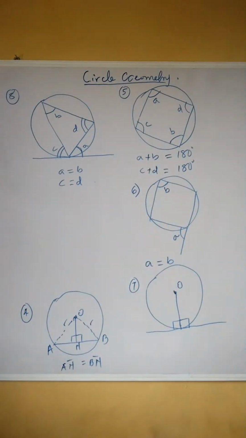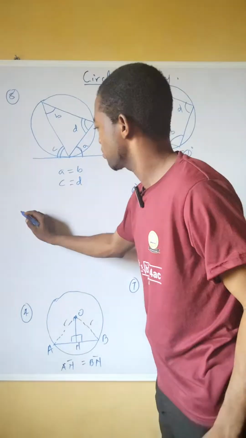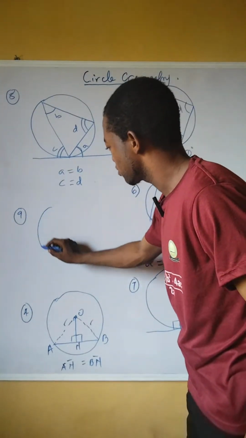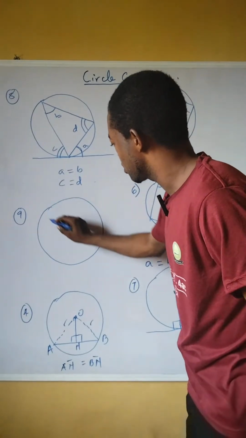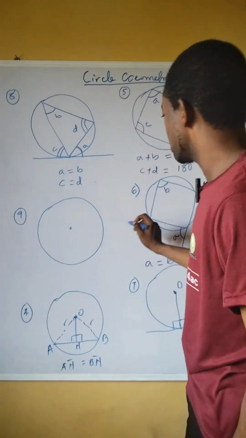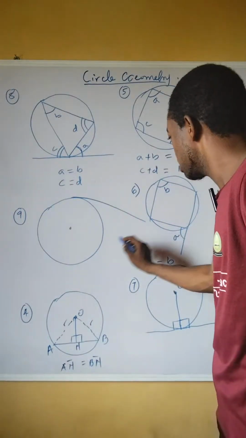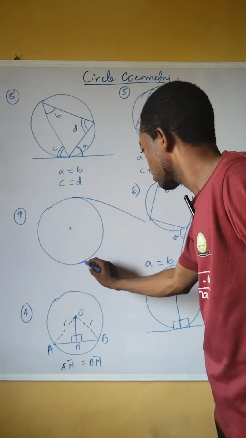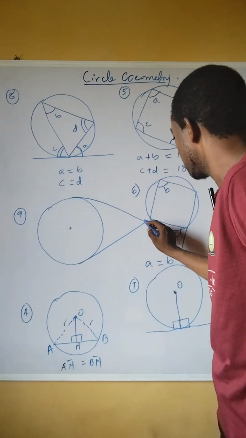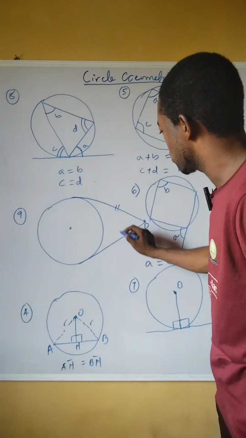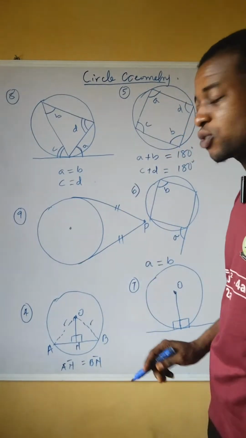And we have the last theorem here, which is theorem 9. And that theorem is also on tangents. Now, when we have a circle with center O and two tangents come from an external point, let's say we have this tangent and this tangent from an external point P here. The theorem is saying that these two tangents are equal in length. That's the first thing.